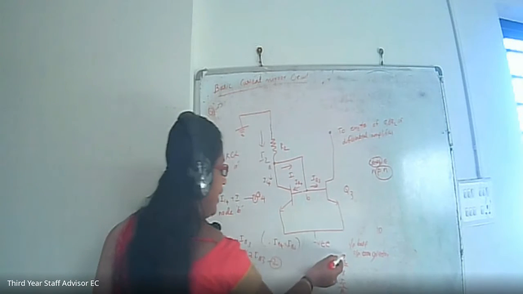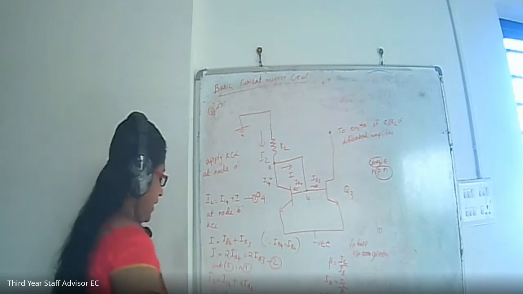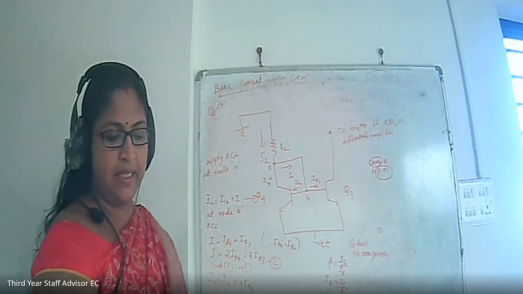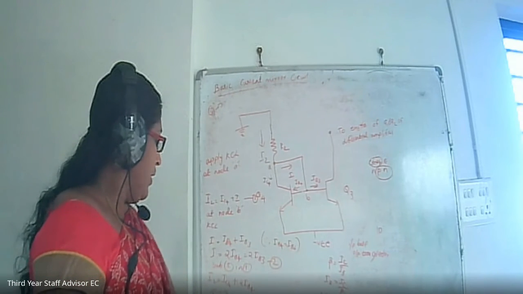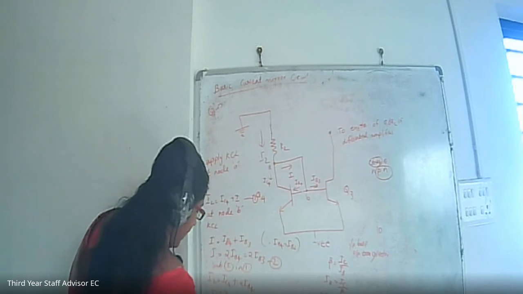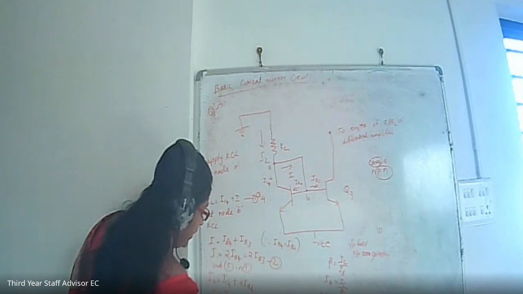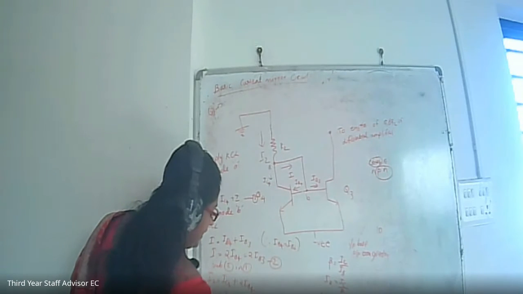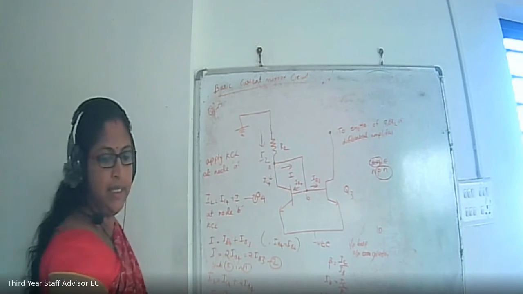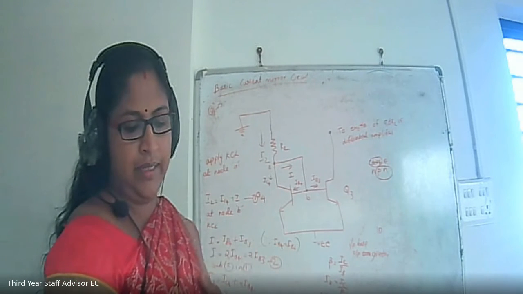Why are we taking this equation? See, here is the term IB, and we want to replace this term. So in I2 equal to IC4 plus 2 into, instead of IB3, what can we write? IC3 by beta, so 2 into IC3 by beta.